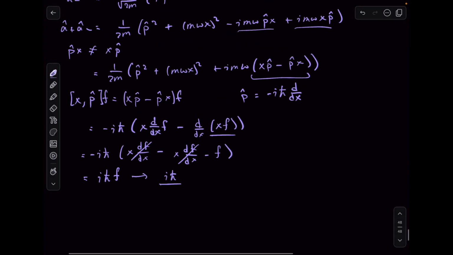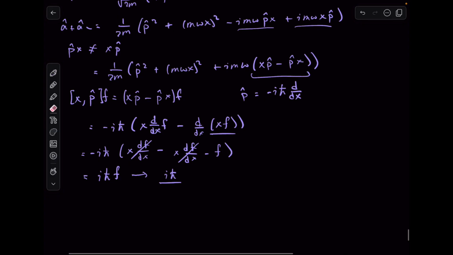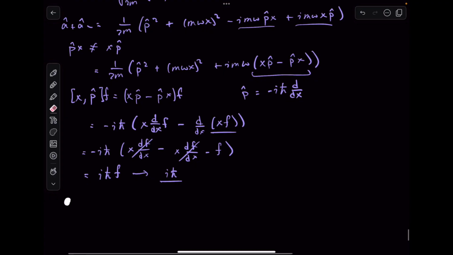And this is the most important commutation relation in probably all of quantum mechanics. It'll pop up everywhere. So let's put that in now to our expression for the raising times the lowering operator.